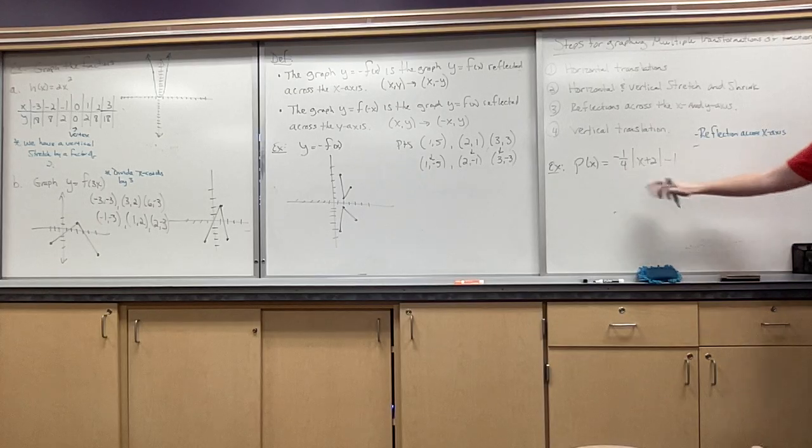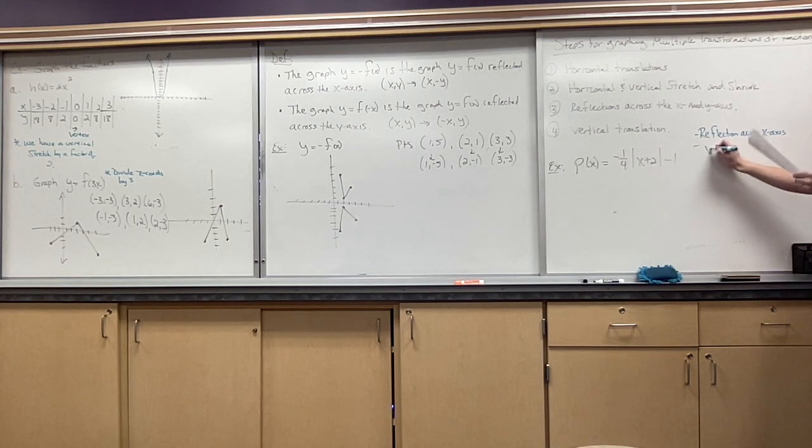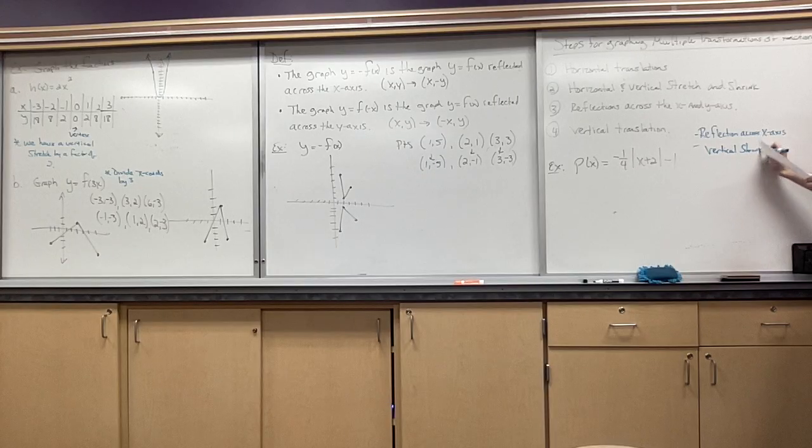That's what the negatives tell me. The 1/4, because it's on the outside of the function, that's a vertical transformation happening, and because it's between 0 and 1, it's going to have a vertical shrink, which I'll put in parentheses. From last year we called it a compression, by a factor of 1/4.